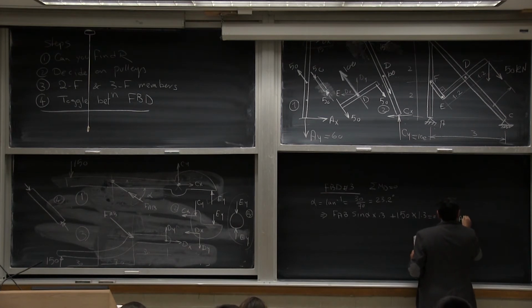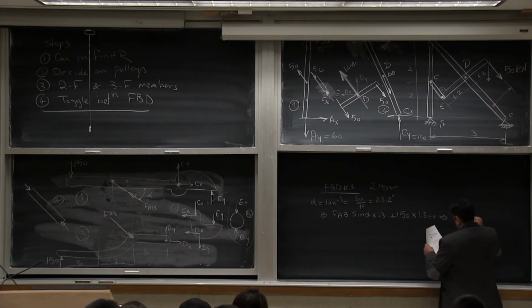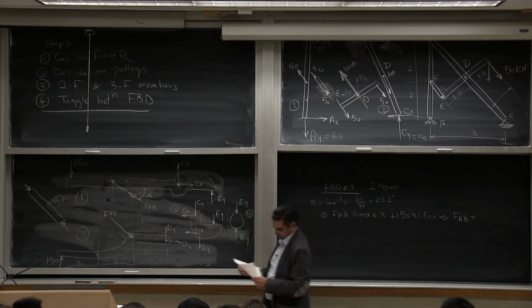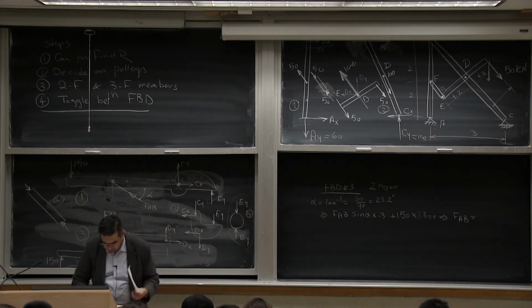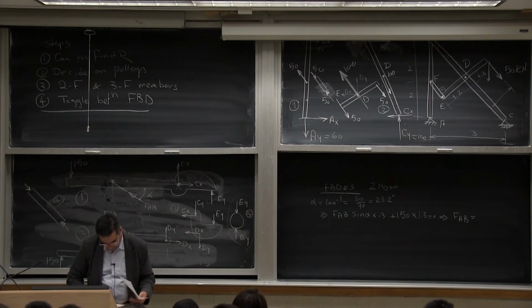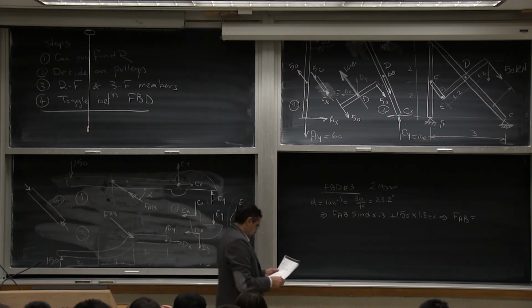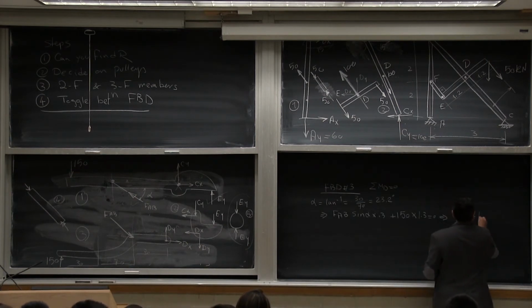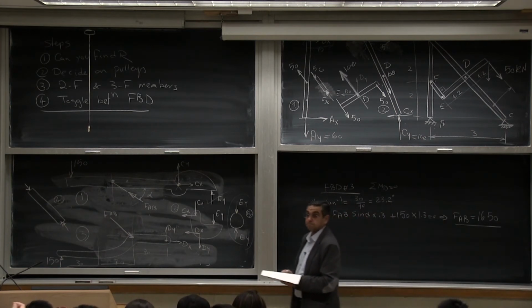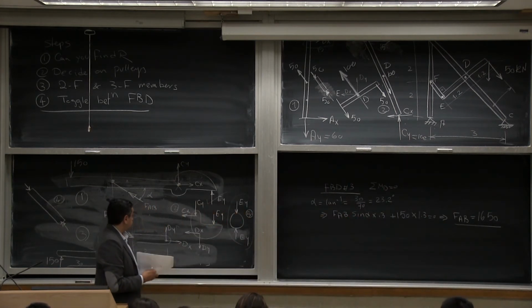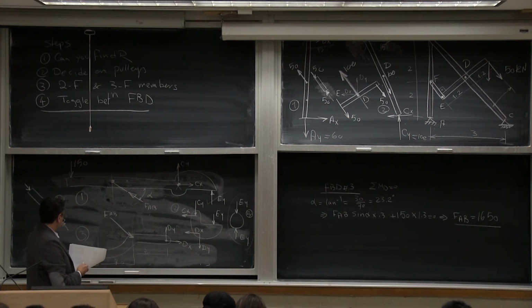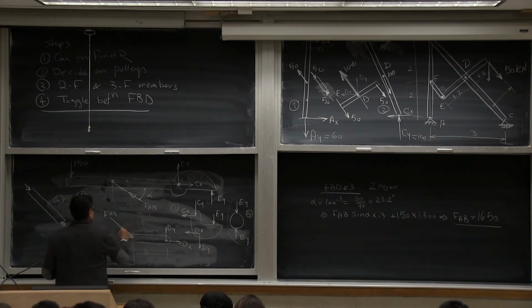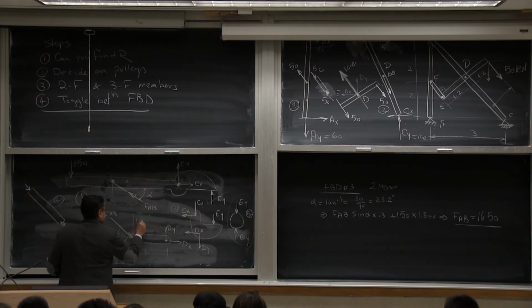That means FAB equals 1650. So this would be alpha, and this is FAB sine alpha, and I'm taking the moment here.